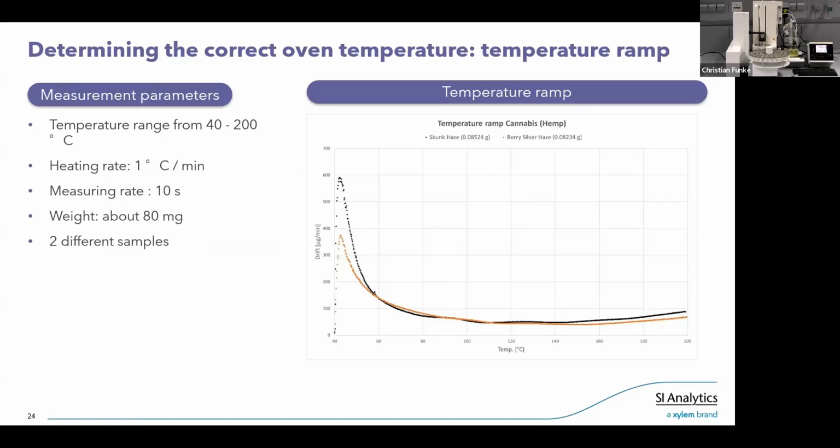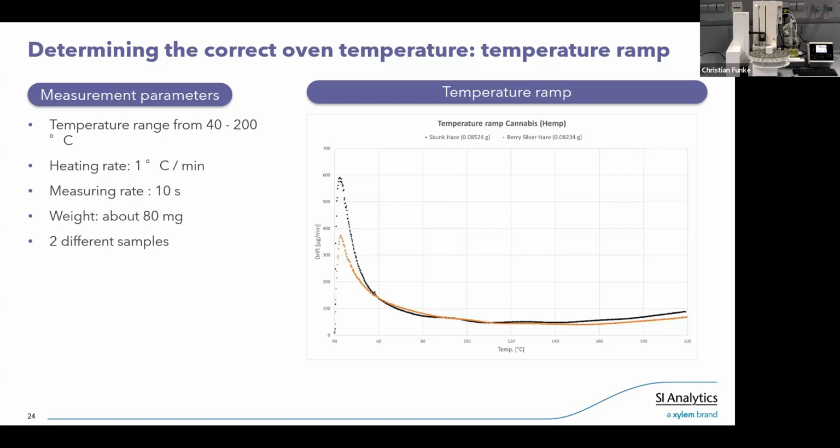You can see two curves because we used two hemp samples. So these were THC-free samples, so CBD cannabis. We measured between 40 and 200 degrees with a heating rate of 1 degree per minute. And we took a new measurement value every 10 seconds.